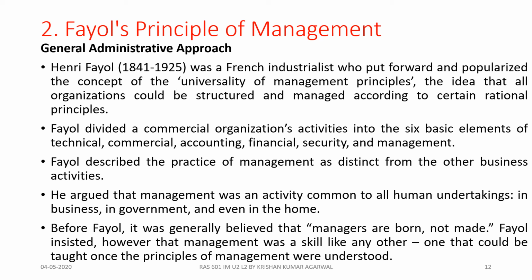Fayol describes the practice of management as distinct from the other business activities, and he divided the entire business into 6 categories: the technical area, the commercial area, accounting, financial, security, and management. He argued that management was an activity common to all human undertakings, in business, in government, and even in the home itself.